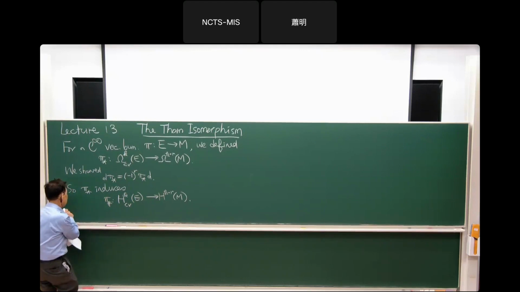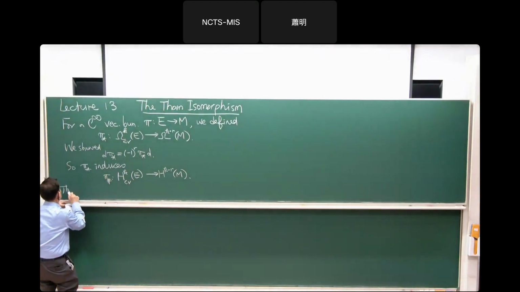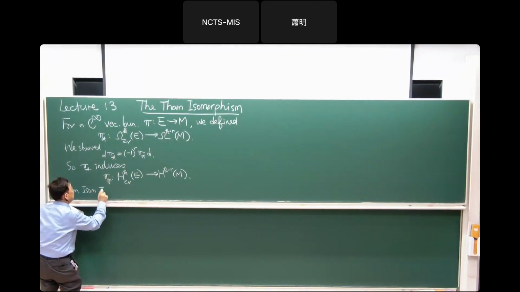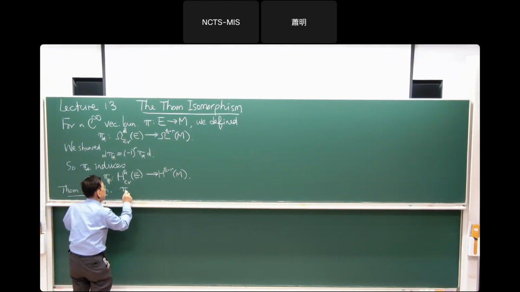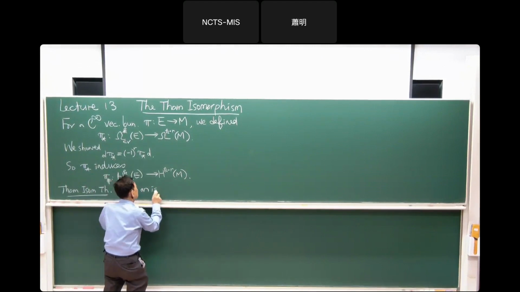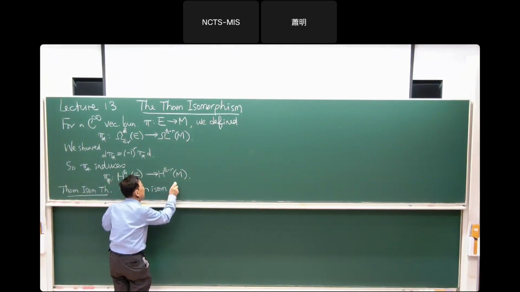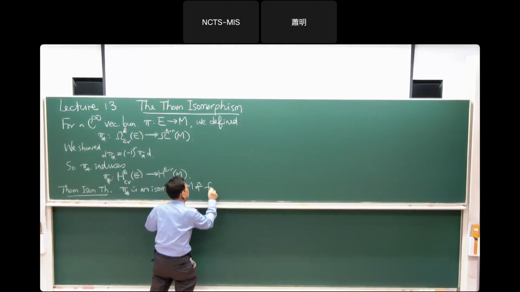So, Thom isomorphism theorem says pi lower hatch is an isomorphism for M of finite type.